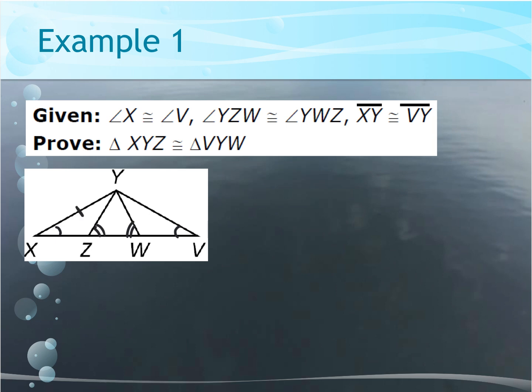So this line right here is congruent to this line right there. Now they want us to prove that triangle XYZ, so this triangle right here, is congruent to triangle VYW, so this triangle right here. So I'm going to start writing statement and reason.